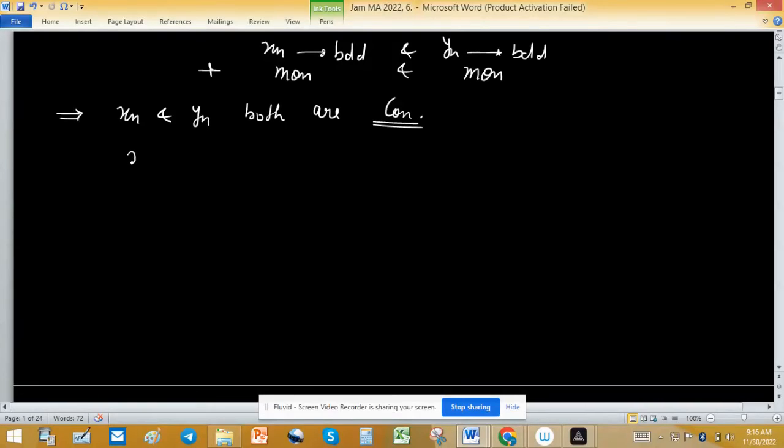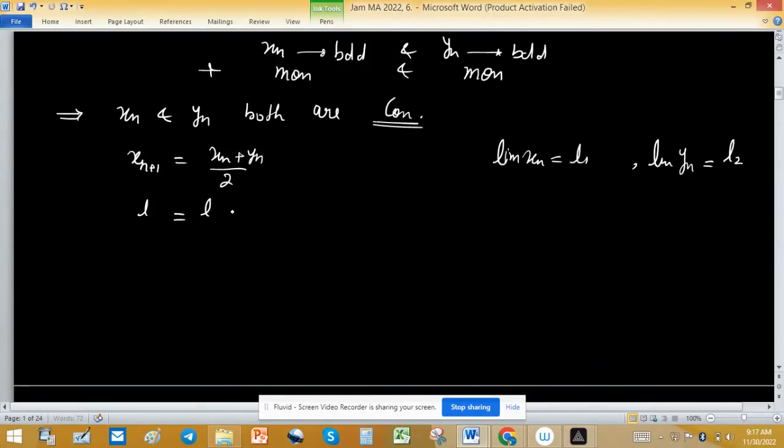As xn plus 1 equals xn plus yn divided by 2. Suppose limit of xn equals L1 and limit of yn equals L2. From this, L1 equals L1 plus L2 divided by 2.